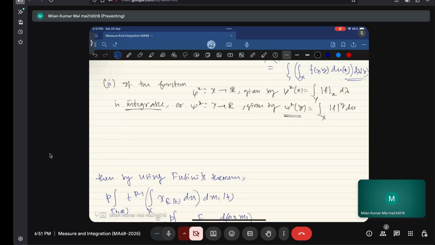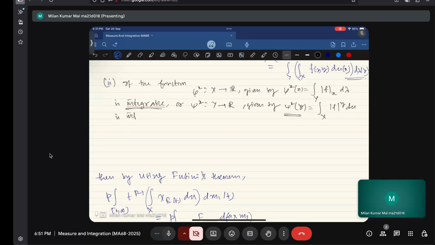Okay, so f given by this one is integrable if and only if, these two combined facts, I mean any one of them can happen, if and only if f is integrable with respect to the measure mu cross lambda.